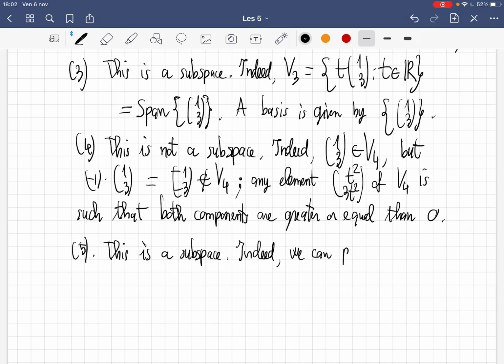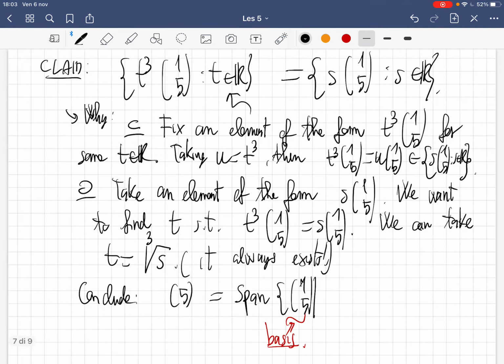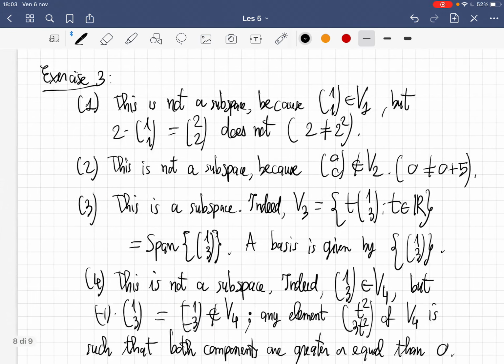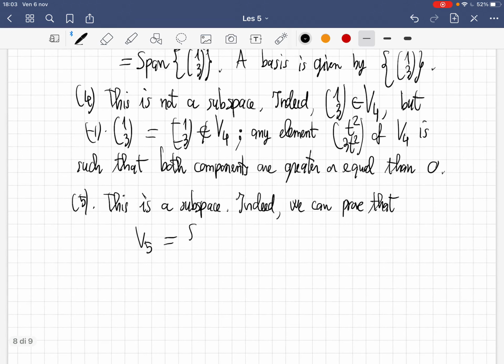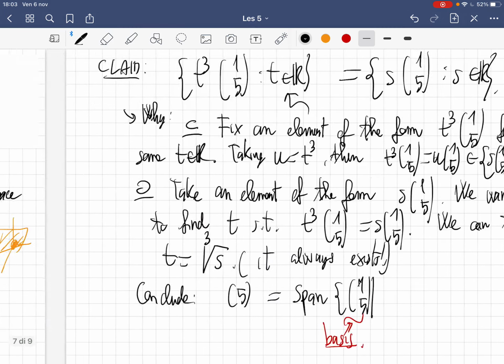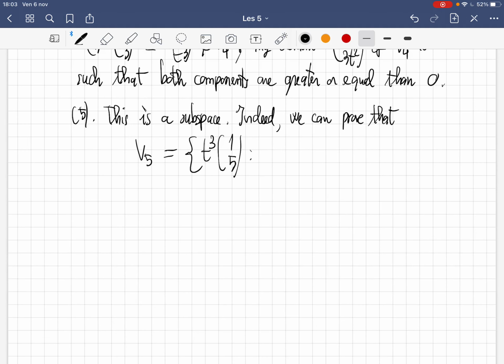We can prove that V5 is going to be equal to, let's just rewrite it, which is (t^5, ...), was it 1, 5? Yes.